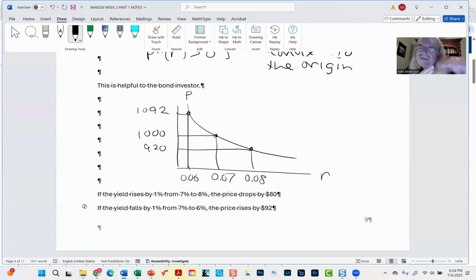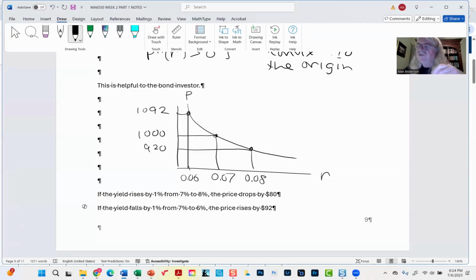So in other words, you see how that's helping us. We gain more on the upside and we lose less on the downside. If we had a straight line, it would be the same on both sides. So the convexity is actually helpful to the investor. Okay, and we'll revisit this discussion when we get to section 2.